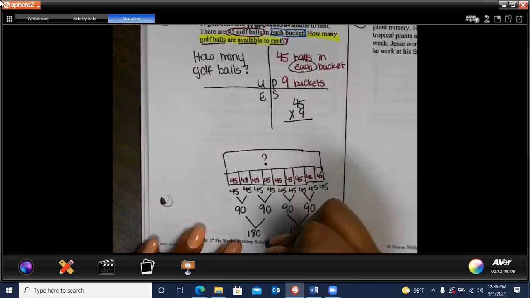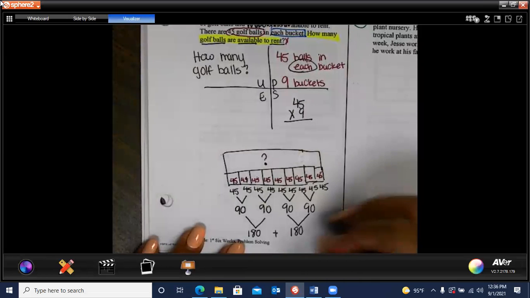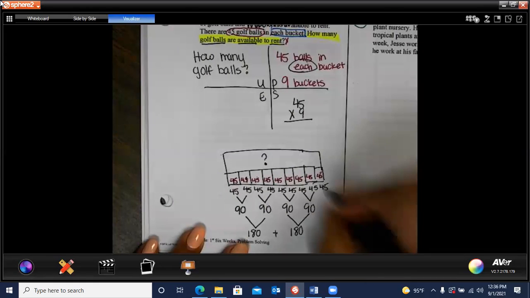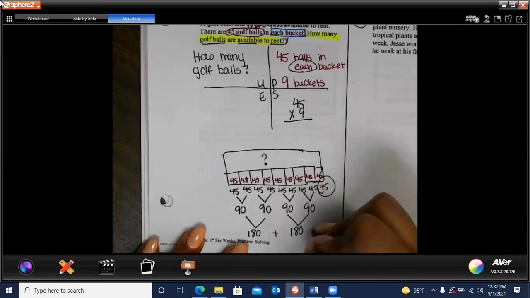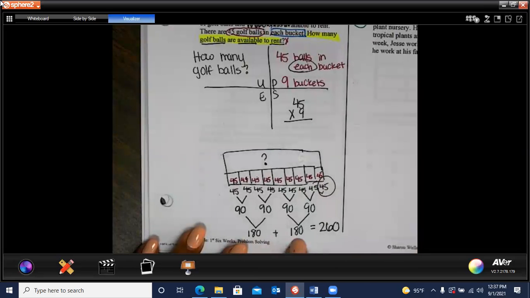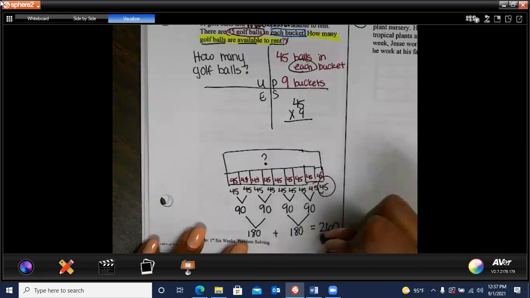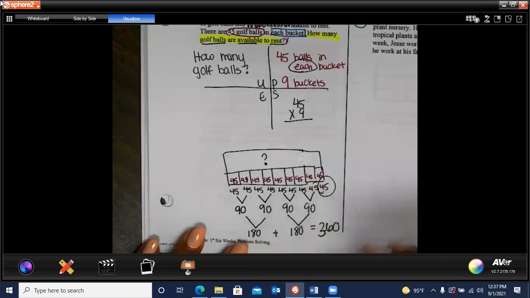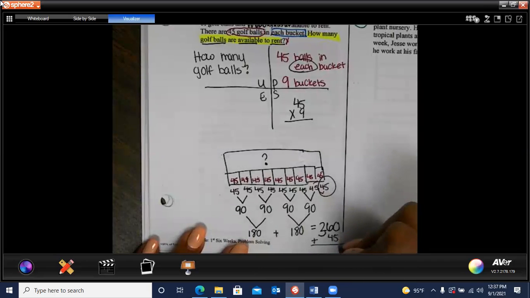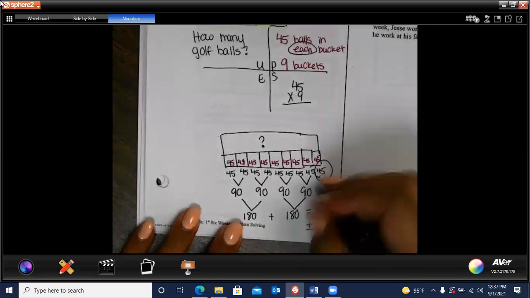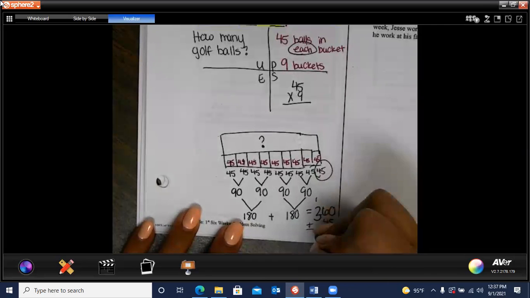And then what's 180 plus 180? 360, carry the 1. And then we cannot forget the 45. So 0 plus 5, 5, 6 plus 4, 10, carry 405.